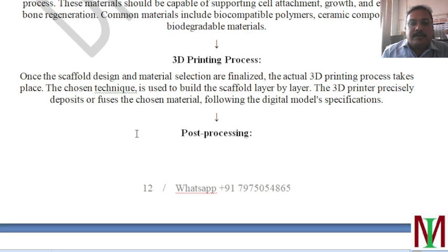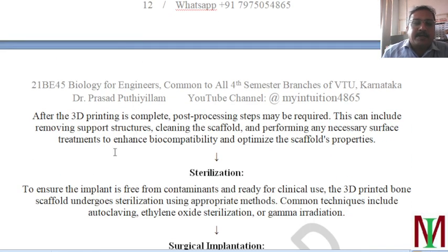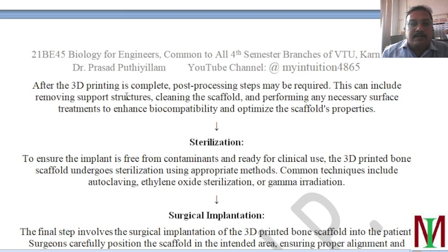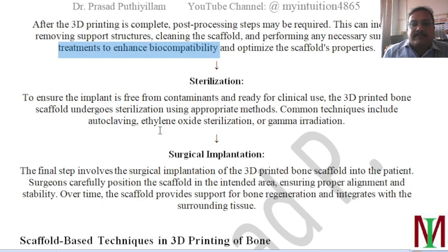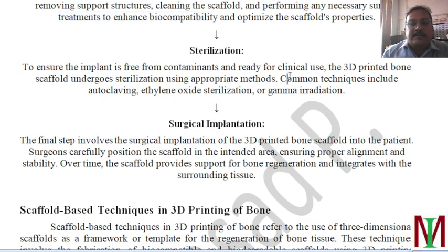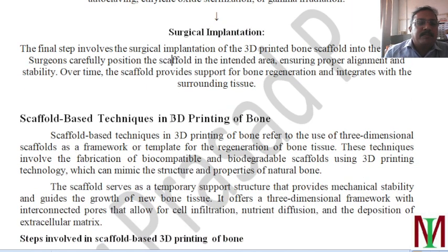Adding is called the 3D printing process. Then post processing: the extra structures are removed, the scaffolds are cleaned and given necessary surface treatment to enhance biocompatibility and optimize scaffold property. Then sterilization is done, and it is surgically implanted into the body.